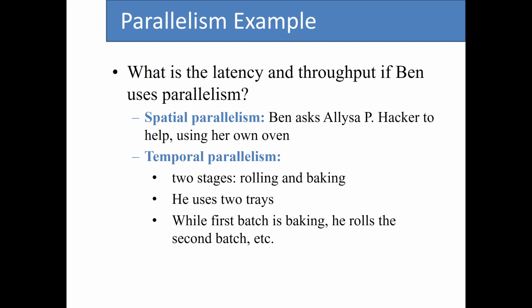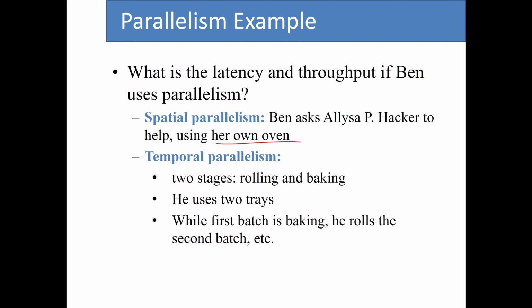Now let's say we want to use either spatial parallelism or temporal parallelism. What is the latency and throughput if Ben uses parallelism? For spatial parallelism, he uses his friend to help. His friend uses her own oven. That is an example of spatial parallelism.